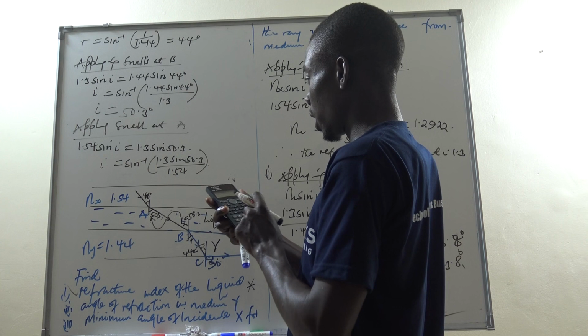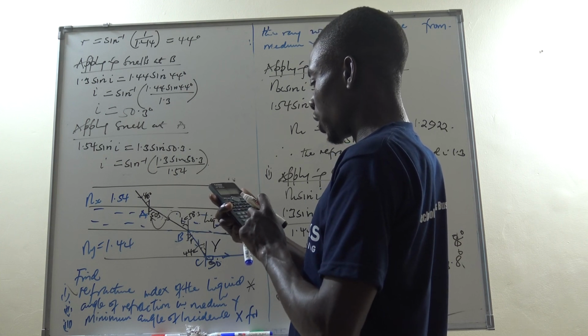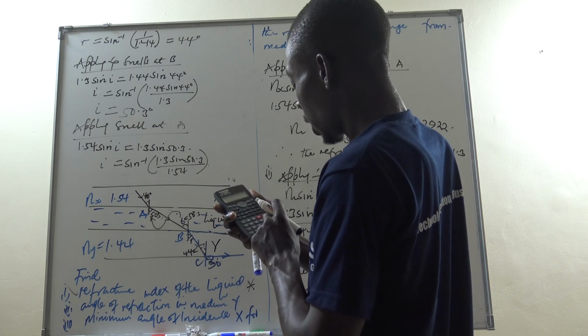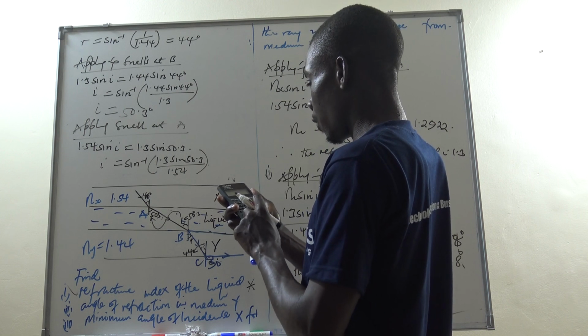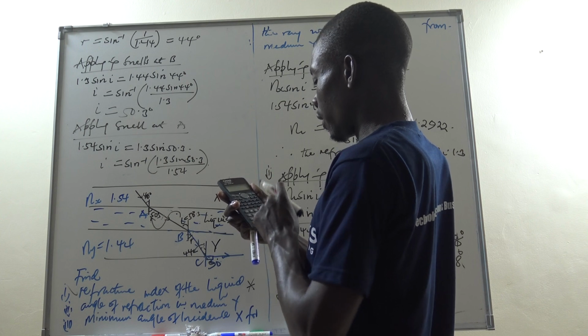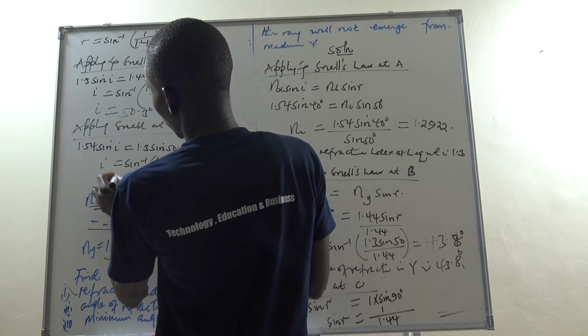Please let me press again and say sine of 50.3. I'm getting that, and then divide by 1.54, that, and then shift sine inverse of our answer, and that is 40.5. I equals 40.5.